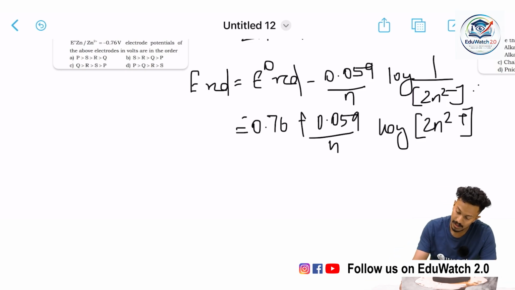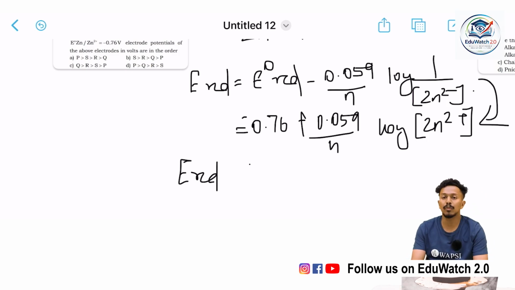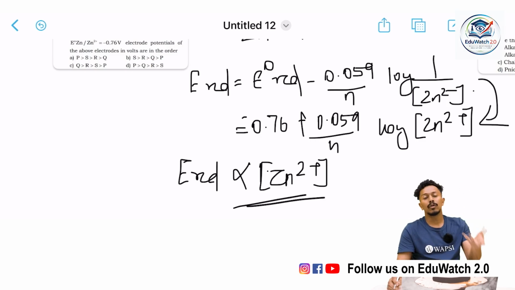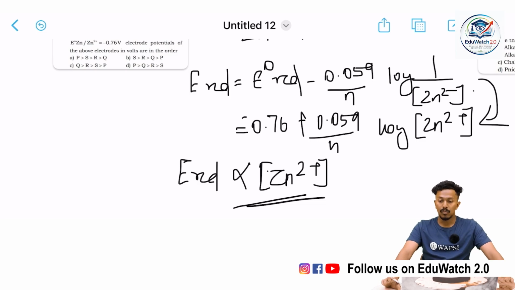We have converted it like this, and we could say that the reduction potential of this reaction is directly proportional to the concentration of Zn2+. The more the concentration of Zn2+, the more the reduction potential. So we have to find out the electrode potential of the above electrodes.